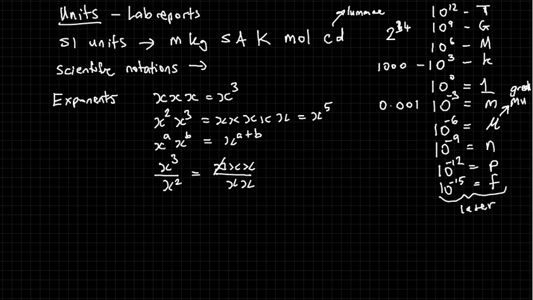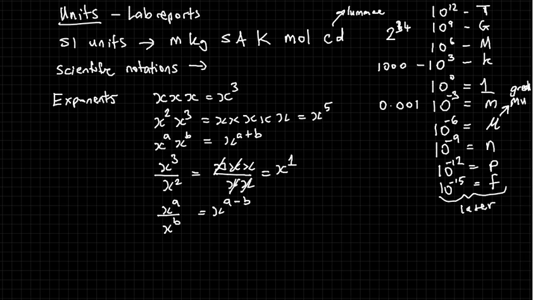So that x there will cancel with that and give us 1, and this x here will cancel with that x and give us 1 as well, and we're left with x to the power of 1. So practically what this means is that, let's write the rule down, x to the power of a divided by x to the power of b is equal to x^(a-b).